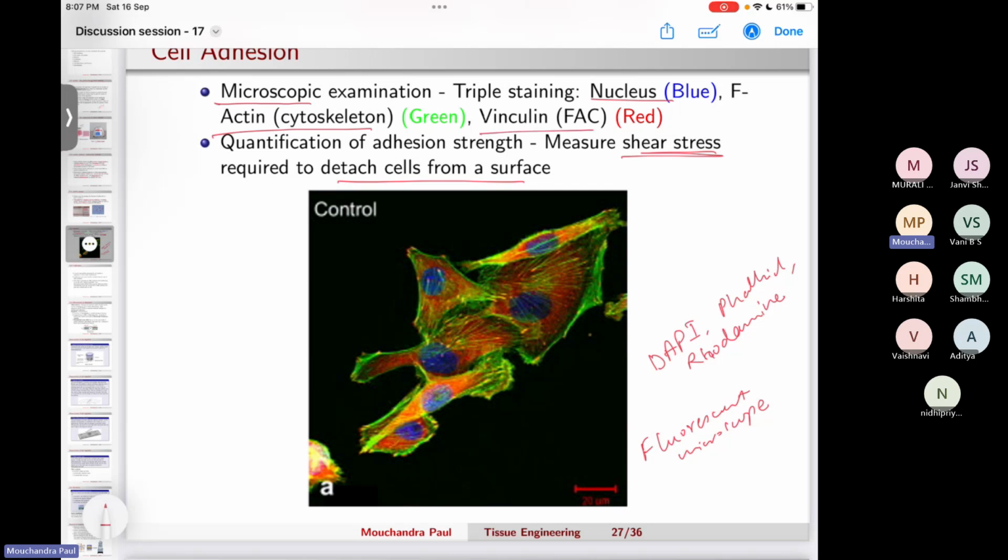Also, you can see the cell morphology, how the pseudopodia and lamellipodia have spread. When a cell is adhering, this kind of spreading of the cell takes place. So from this type of microscopic image, you can confirm that the cell has adhered on your substrate properly.